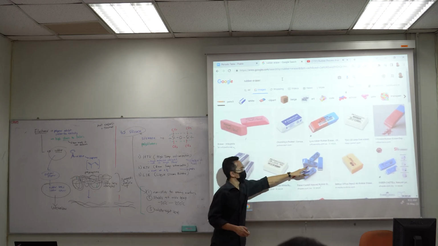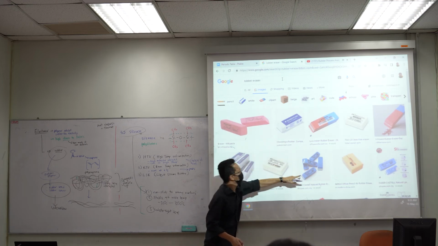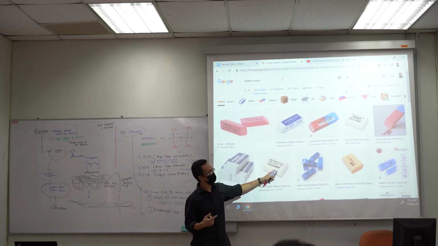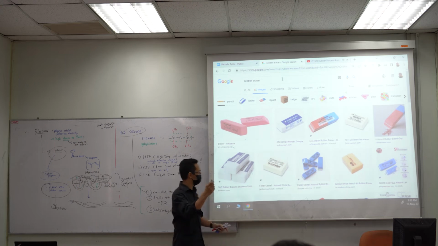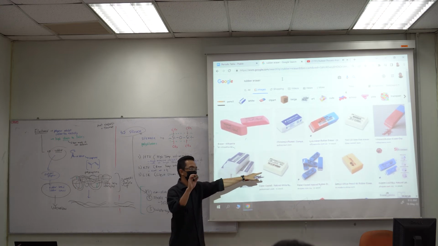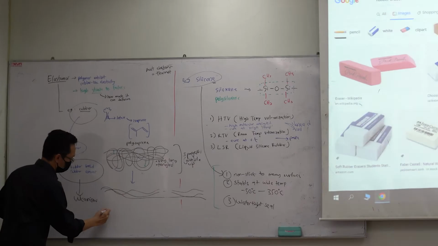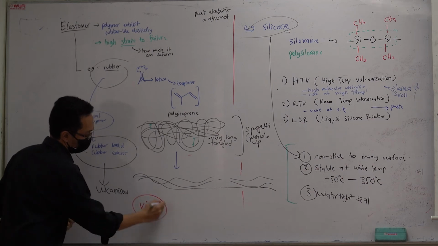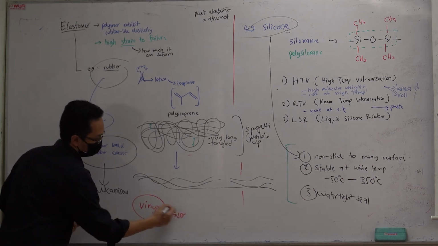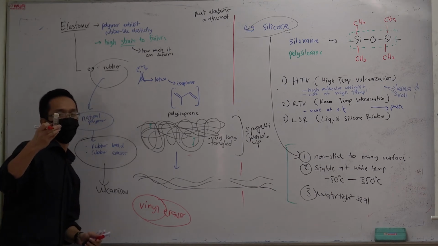This synthetic rubber, normally the one that is blue like this, is a synthetic rubber, but currently the premium one, the one that when you rub doesn't give a lot of debris, is made from vinyl, V-I-N-Y-L, vinyl eraser. So normally vinyl eraser is usually used as a premium grade.